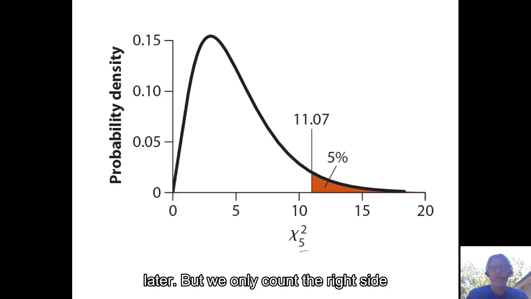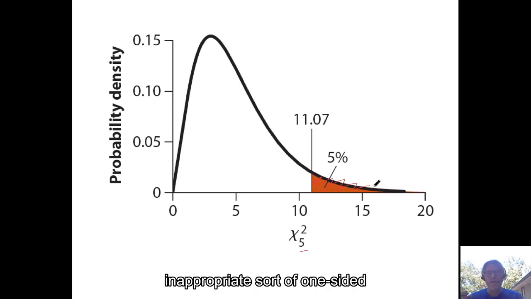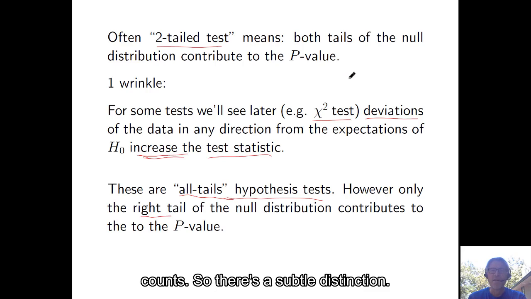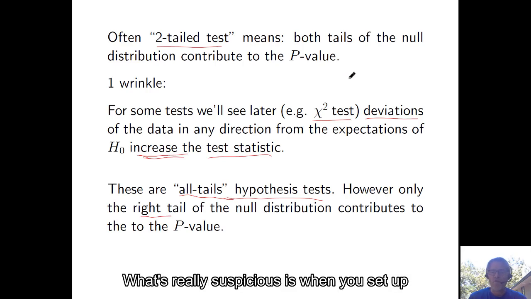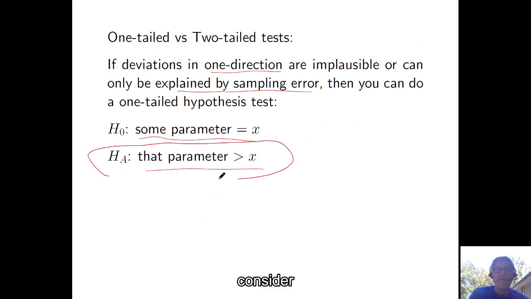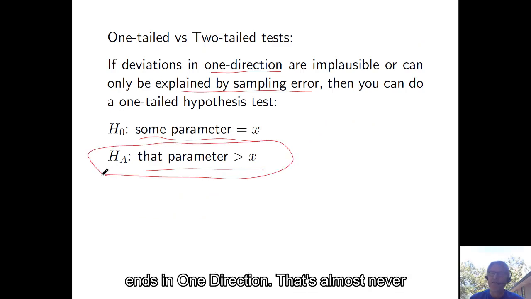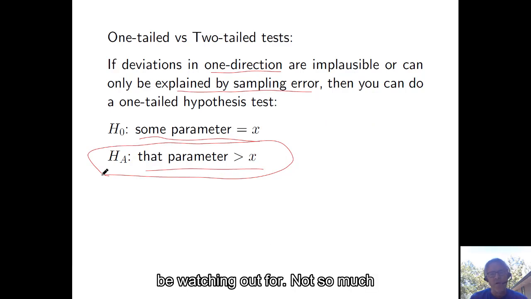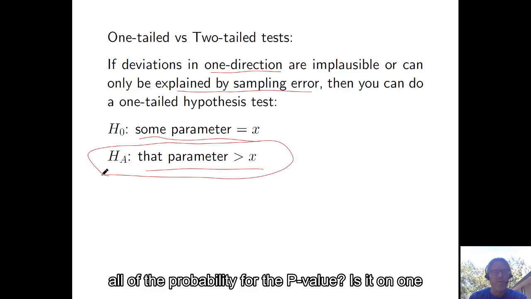We'll discuss that later, but we only count the right side of the tail. That's not doing an inappropriate sort of one-sided test. It's because of the way this test statistic is built up, only one tail of the null distribution counts. So there's a subtle distinction: what's really suspicious is when you set things up and only consider deviations in one direction. That's almost never justified, and that's what you really need to watch out for, not so much test statistics where all of the probability for the p-value is on one side.